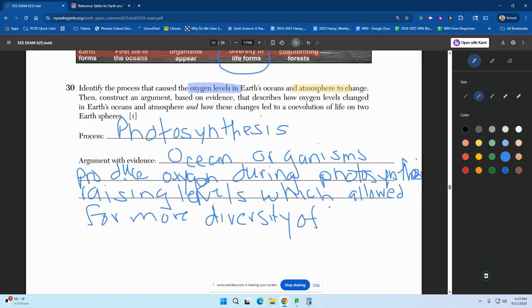If we just stopped at the sentence that stated that we produce oxygen during photosynthesis, we are not supporting the idea that there was a coevolution of two different spheres. We want to talk about the biosphere in terms of life, and how that's changed our ocean levels and our atmosphere levels. We have to recognize the other piece, which is the more diversity, in order to hit that piece about coevolution.